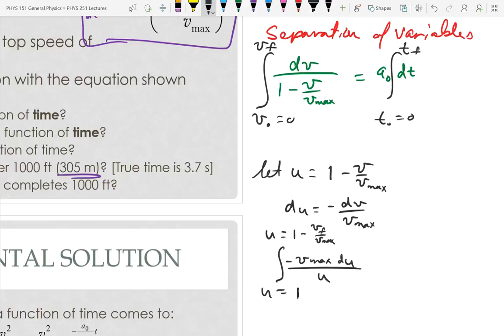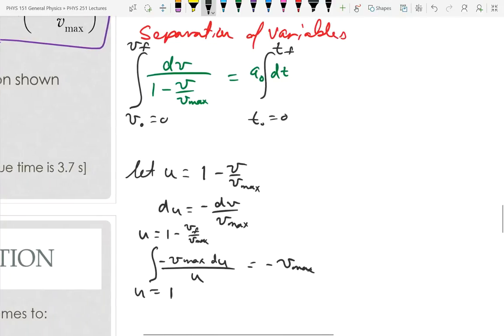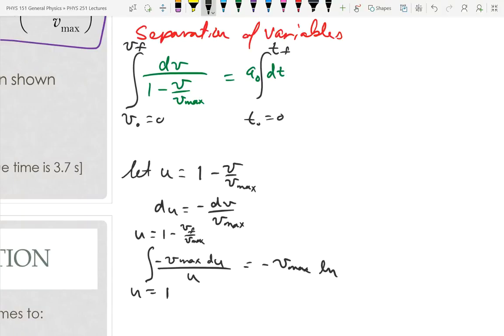What's the integral of du over u? Integral of du over u is natural log. And I'm going to put my limits in right now.